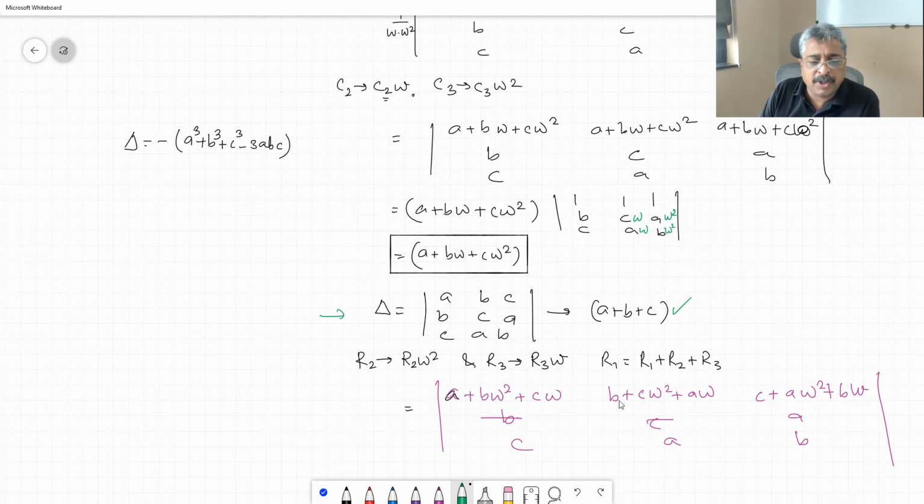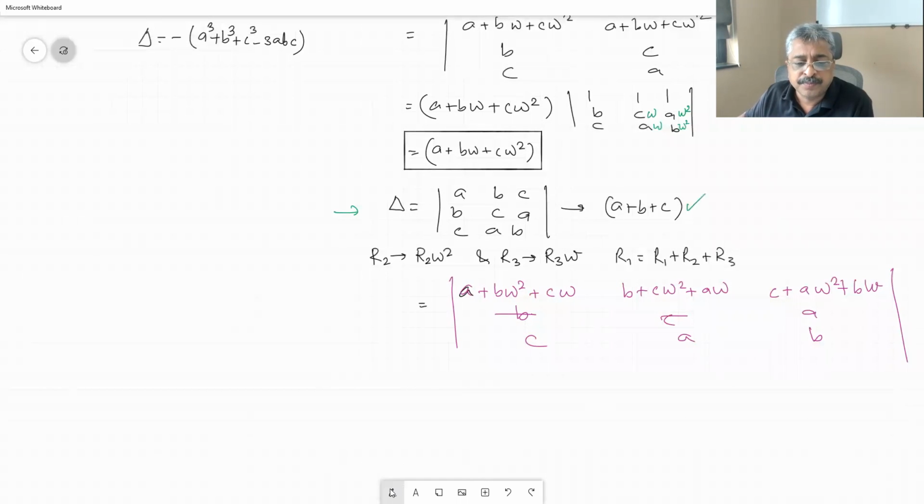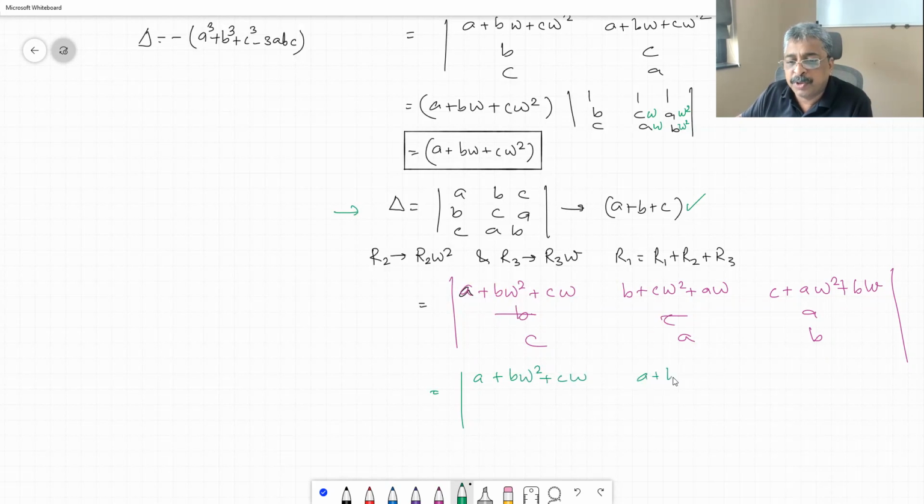So now what I am trying to do is get the third factor, which is A plus B omega square plus C omega, A plus B omega square plus C omega, A plus B omega square plus C omega, and I am multiplying column 1 by 1, column 2 by omega square, and column 3 by omega.